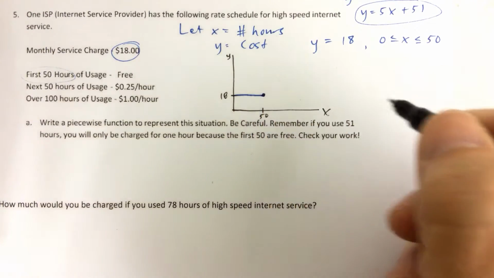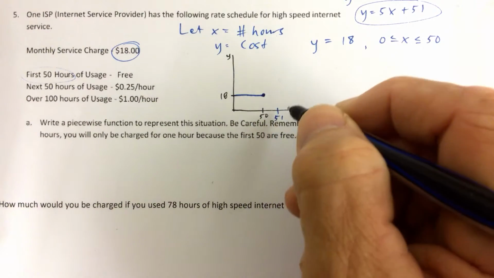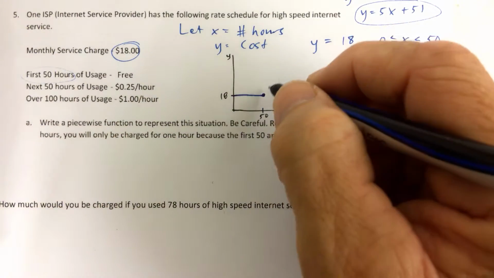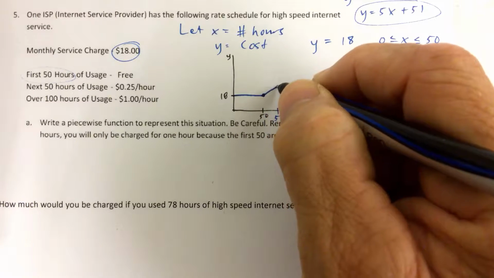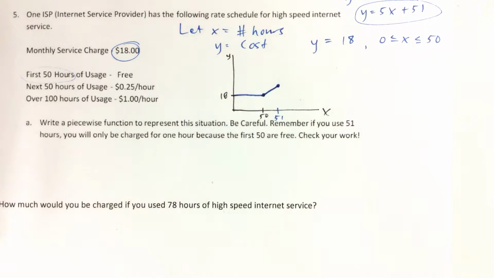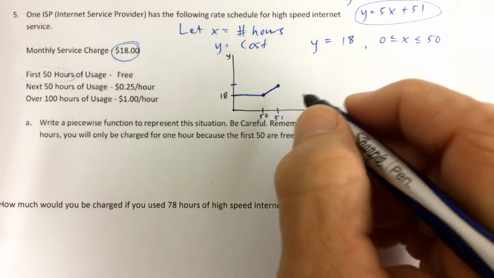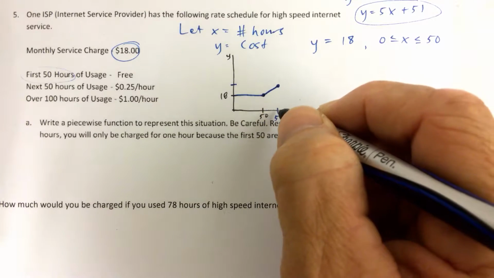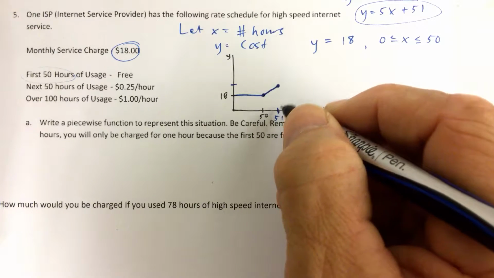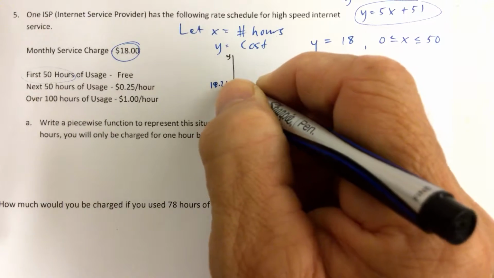And then as soon as we go to 51 hours, we're going to be paying 25 cents more per hour, so we have a little bit of an increase in the rate at which we pay our fee for that internet service provider. If we evaluate how much we would pay for 51 hours, it's 25 cents more than the $18, so we have $18.25.